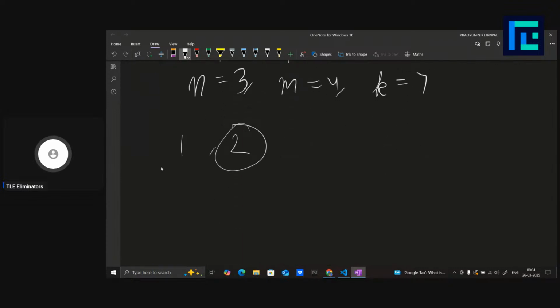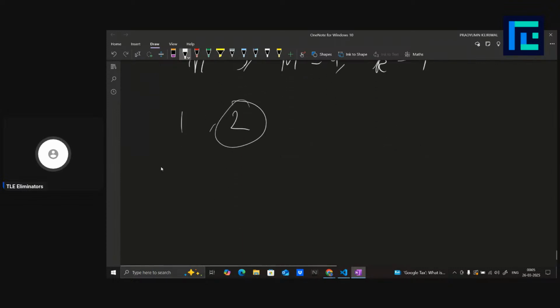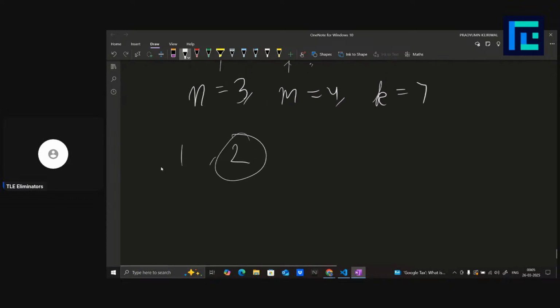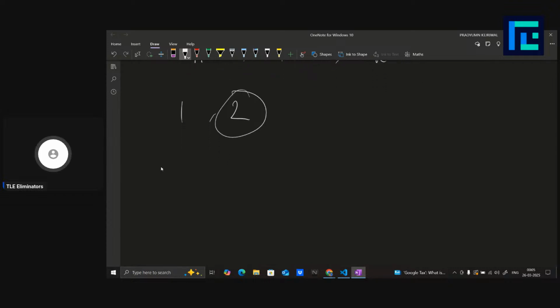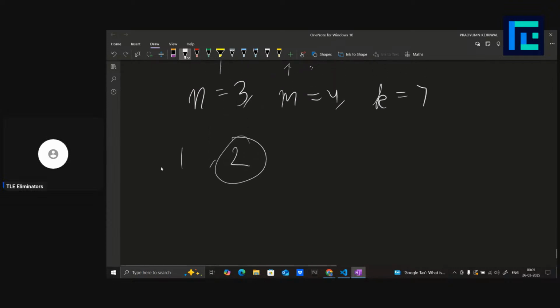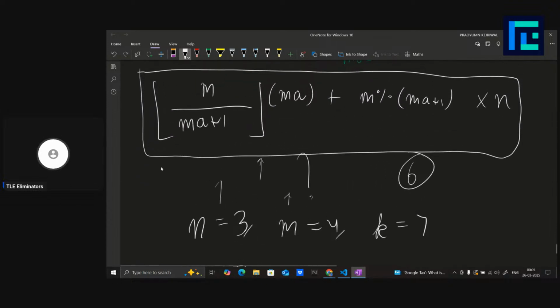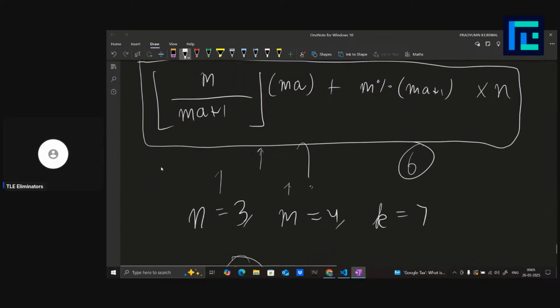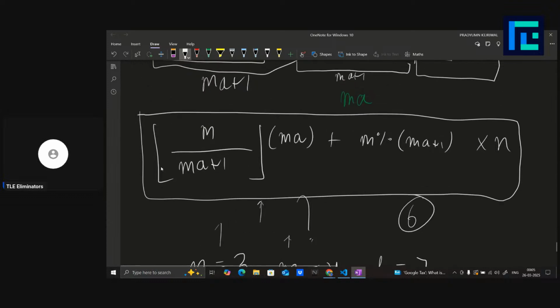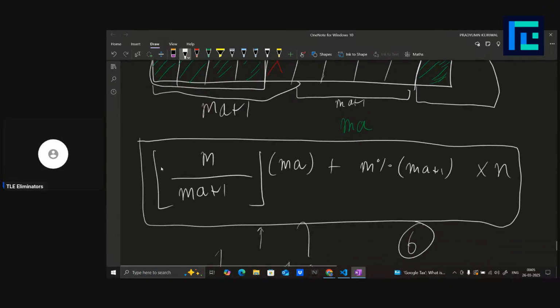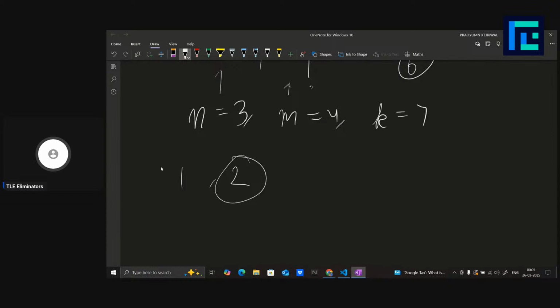But instead of doing a linear search, where we check for 1, 2, 3, we do a binary search, because it is monotonic. If you keep increasing the maximum bench length, the number of people that you will be able to accommodate will also increase, because it is getting more and more tightly packed.